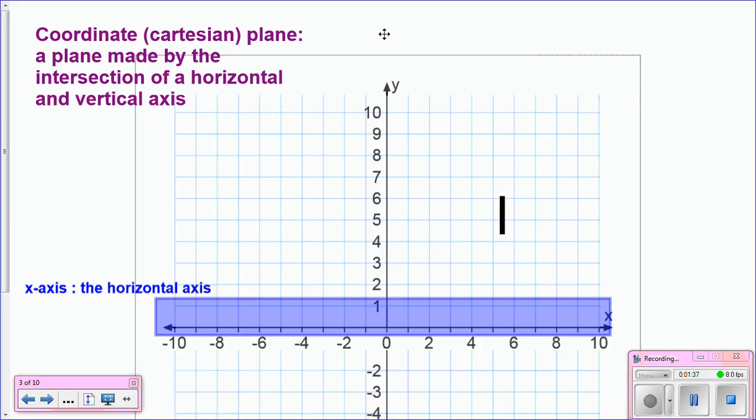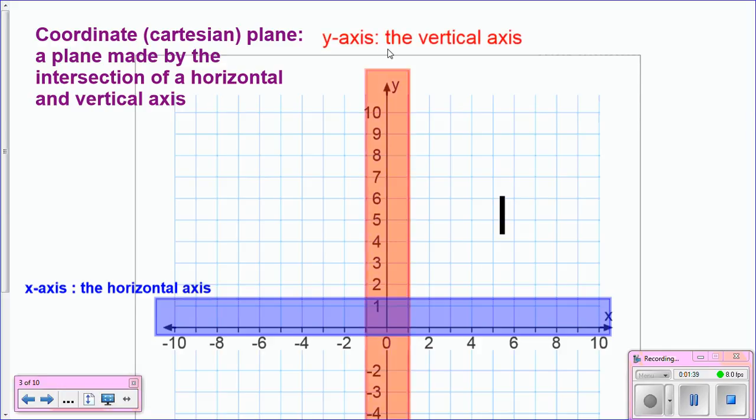The next word is going to be the y-axis, which is the vertical axis. Vertical axis, the one that goes up and down. You can remember this: think of it like the y is a much taller letter, and the x is a much fatter, wider letter. That's why the horizontal is much wider and the vertical is much taller.